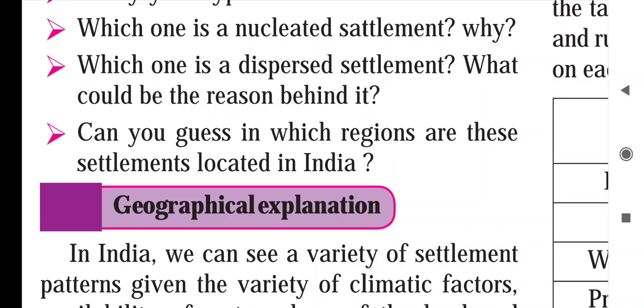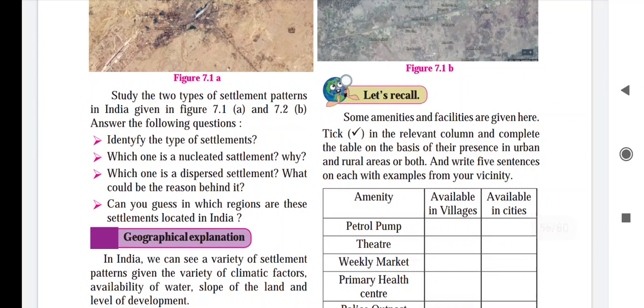I have informed you that in Madhya Pradesh and Bengal, Kerala, Karnataka, these places we can find dense population. Again, we have seen the northeastern side, places like Uttar Pradesh, Bihar, Punjab, West Bengal. So these places we can find nucleated settlement.